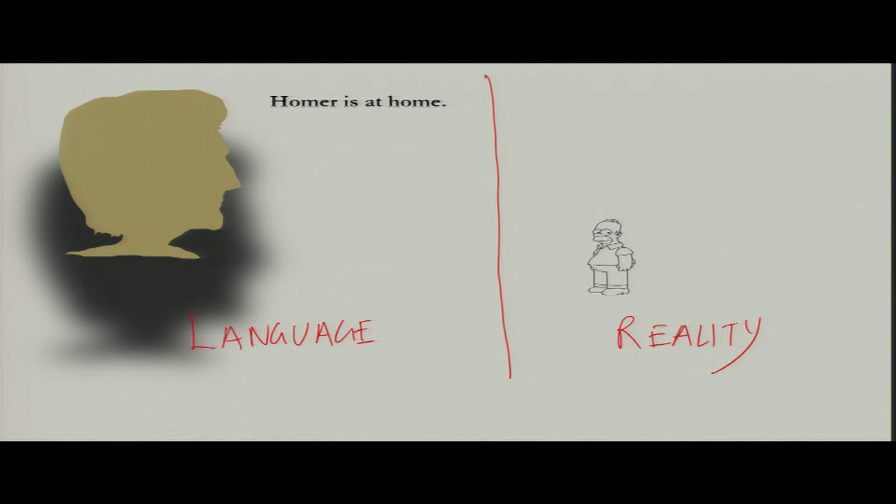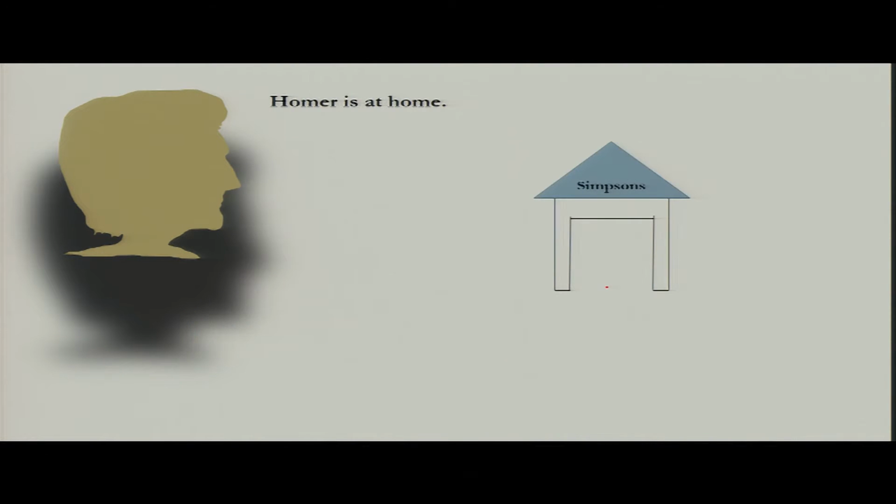and we can see that this Homer somehow corresponds to this individual who is there in the reality. Also, there exists a home for Homer. There exists Homer's home. So let this be the home.